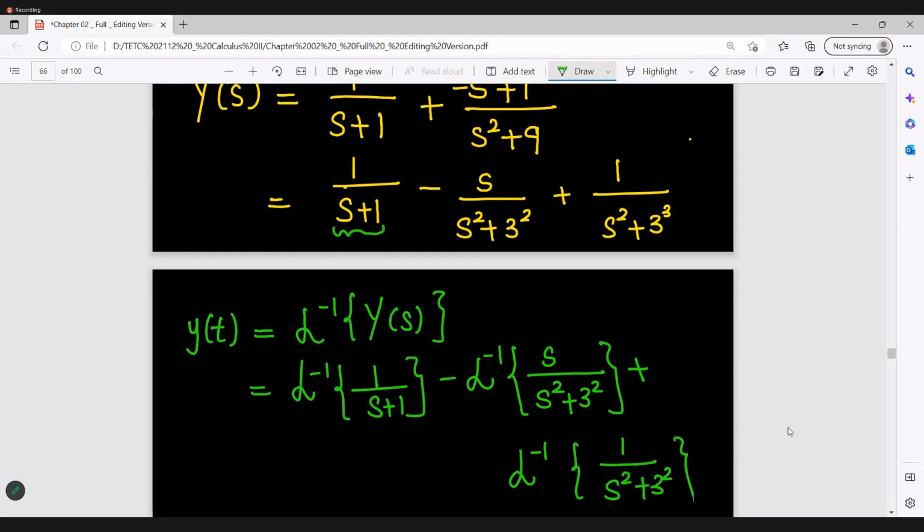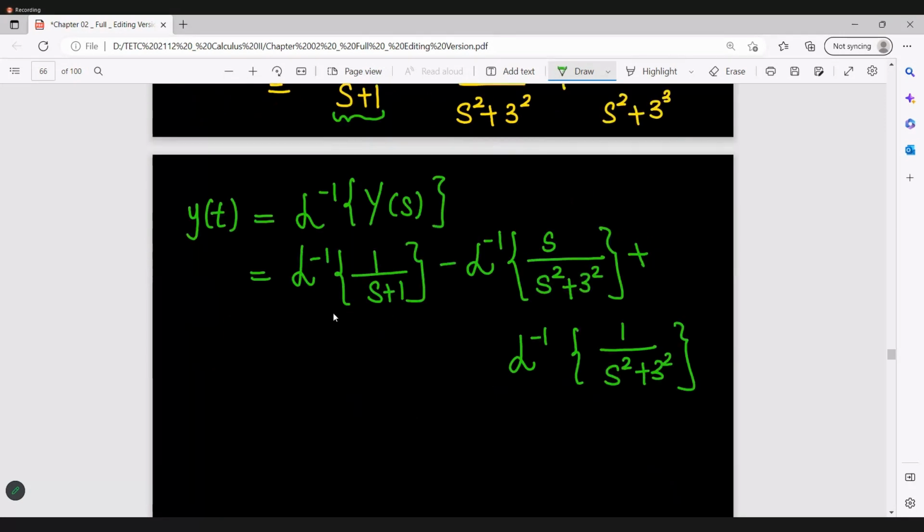So let's consider term by term. First one, inverse of 1 over S plus 1. If it is 1 over S minus 1, if the function is 1 over S minus a, then what should be the inverse Laplace transform? E to the power at.